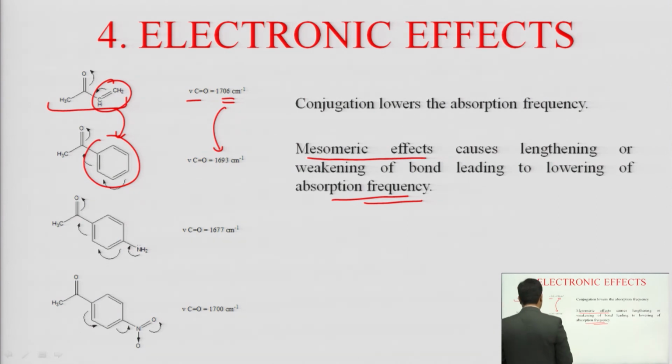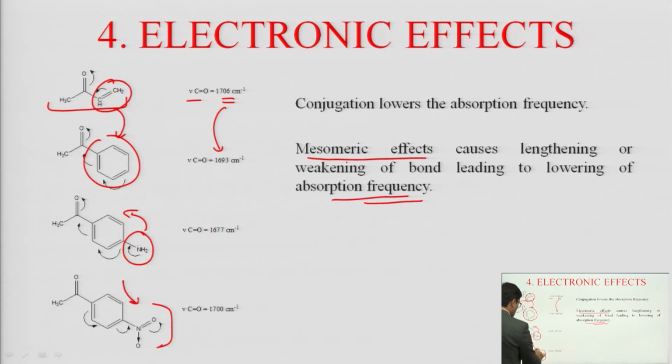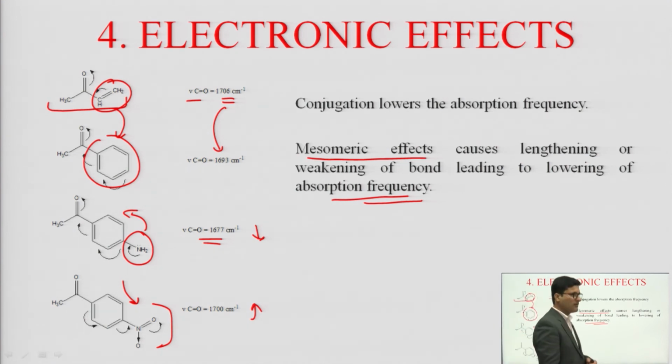And in a similar way, in the mesomeric effect, there is the electron donating group and second is the case of electron withdrawing group. Electron withdrawing groups on the aromatic ring generally increase the value, and electron donating groups on the aromatic ring mainly decrease the frequency values.